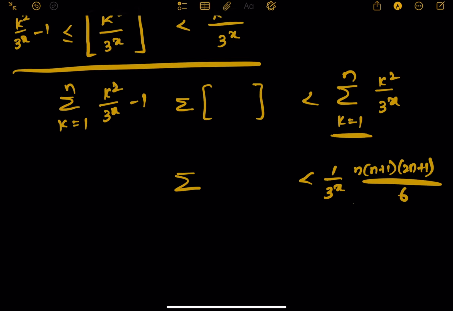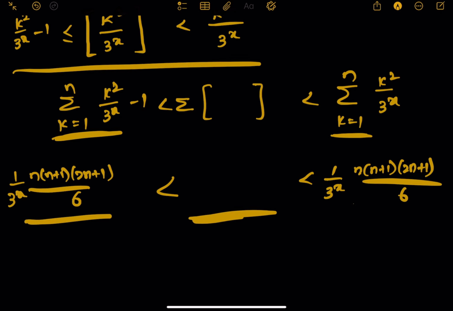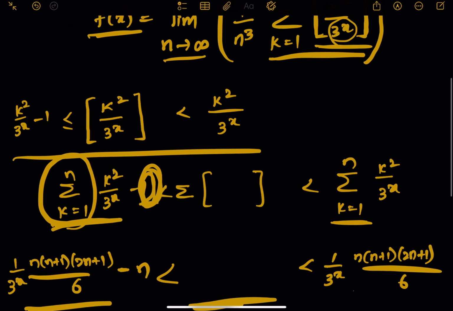Alright, here you have a sum, less than, here you have that summation, and here if you check, this term is again 1 by 3 power x n into n plus 1 into 2n plus 1 by 6 minus, and the other term is simply ones added n times. When you apply the summation to this 1, you'll get an n here.